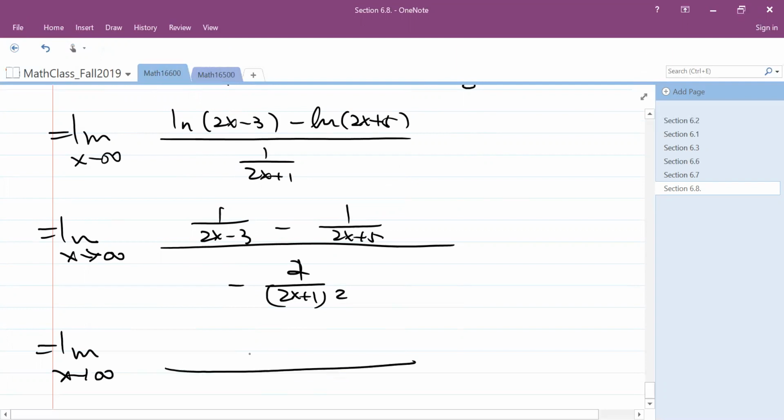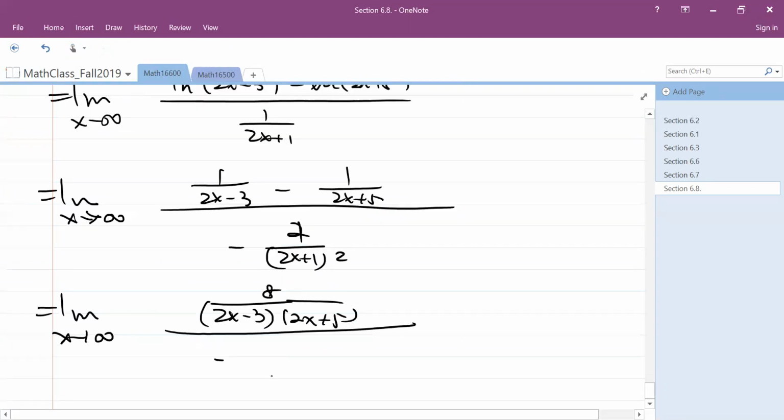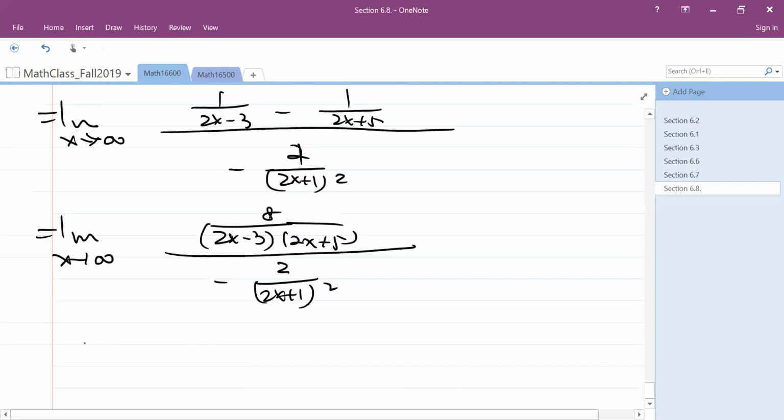Simplify: this will be (2x plus 5 minus 2x plus 3) over (2x minus 3)(2x plus 5), and I think the numerator is 8. Let me quickly finish that. Then turn it upside down: negative 8 divided by negative 2 is 4.